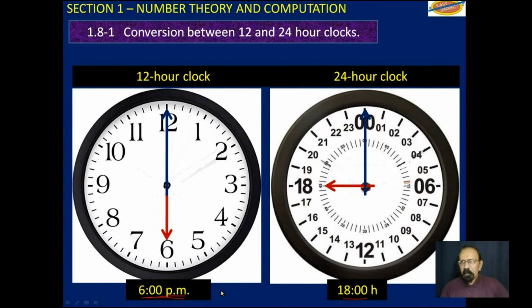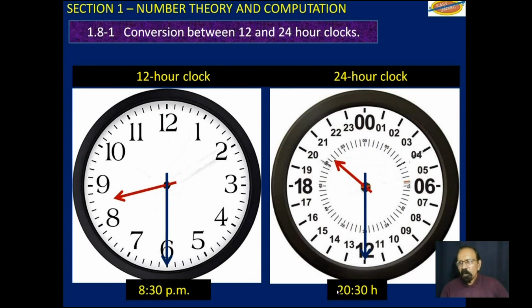We add 12 to the 12-hour clock. Because, as I said, this 12-hour clock already went through one 12-hour, and it's now on the second 12-hour. So that is how we end up with 1800 hours. That's 6 o'clock, about sunset.